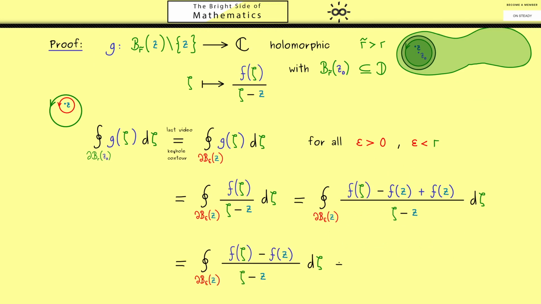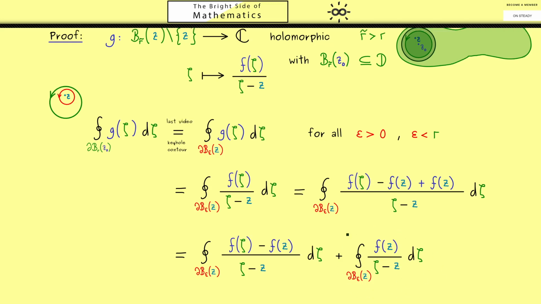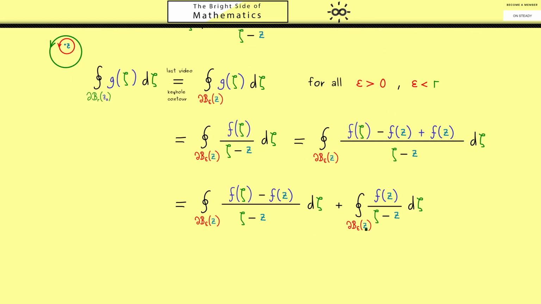Therefore, the first one here is the one with the difference quotient, and the second one is where we have the constant f of z. So please note, this one now is different from the original integral because the numerator is constant. And in fact, with that, we don't have any problems calculating this integral.